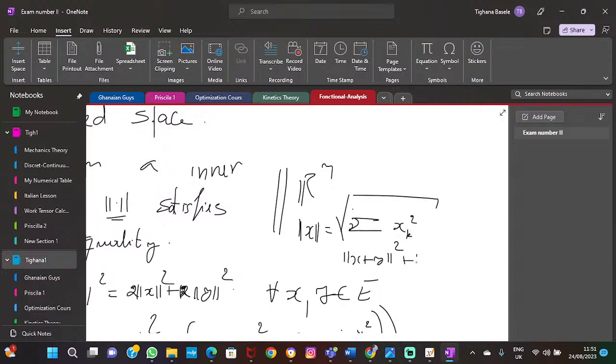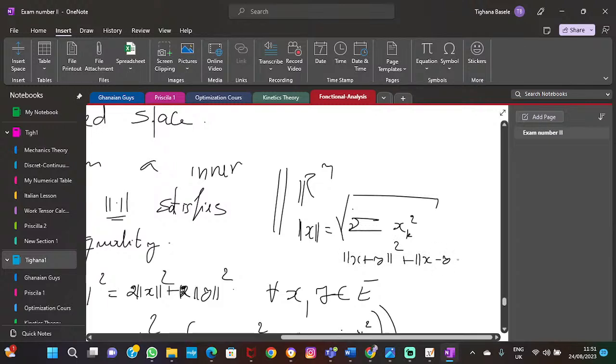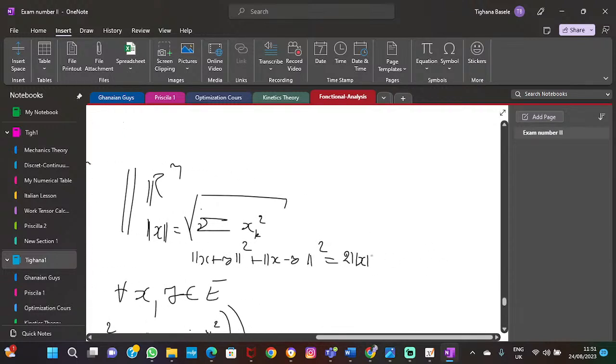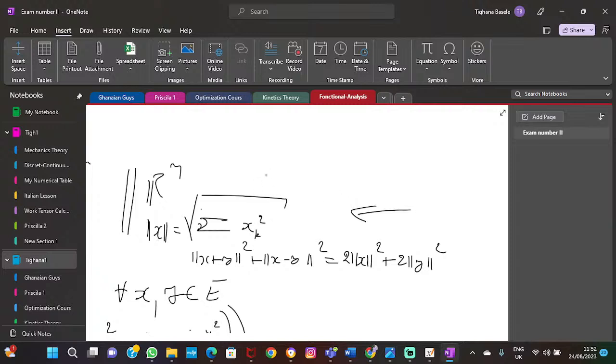This is why we know that this Rn is a Hilbert space.